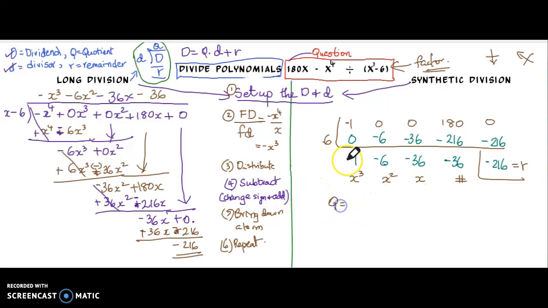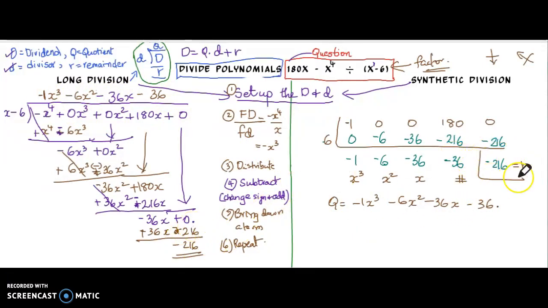Your quotient is going to be negative 1x cubed, negative 6x square, negative 36x, and negative 36 is just your number part. If you compare it with this, we just didn't write the 1 over there. Even if you write the 1 or not, it's the same. So you get the same quotient and the same remainder.